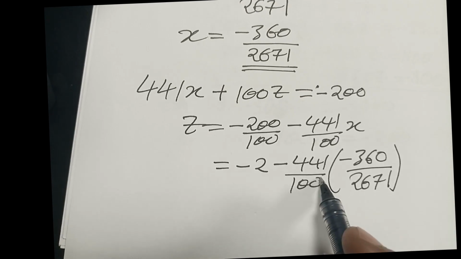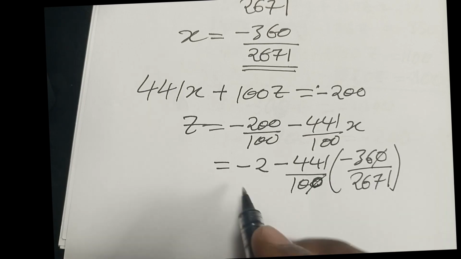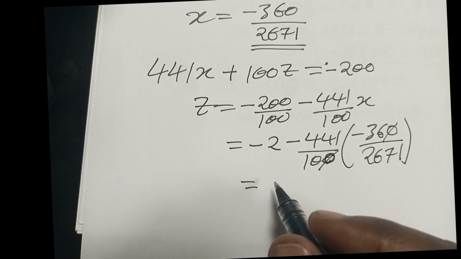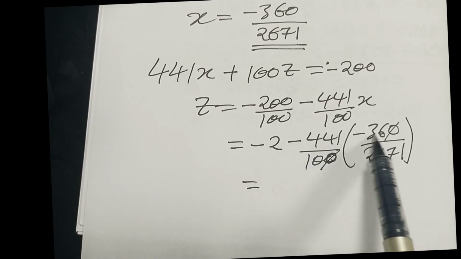Then we can divide out this number here and that. Okay, so if you do this, we're going to multiply 441 times 36.